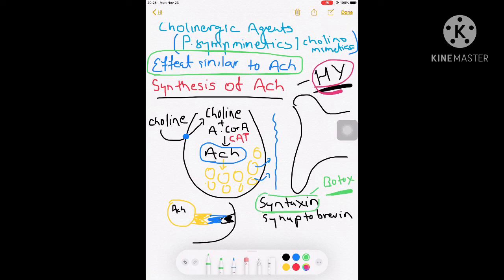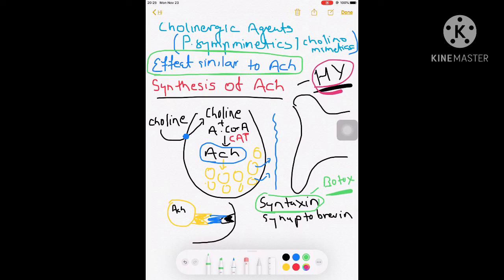Due to this, no acetylcholine can be released into the junction, thus causing paralysis. This feature is also used in the treatment of blepharospasm and dystonias, and obviously it is used to remove aging related wrinkles, especially in the face.